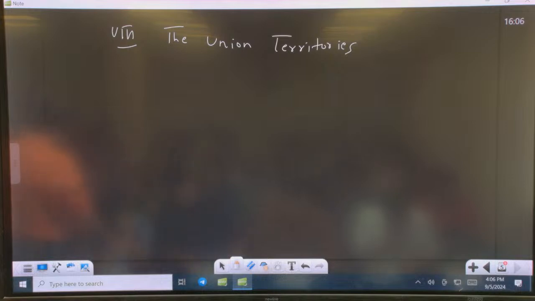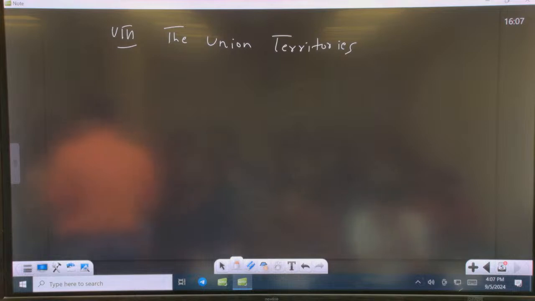Part 8 is a part of part 1. Yes or no? Part 1 is the Union and its territory, India and the entire land which constitutes the country India. It contains part 8, the union territories.